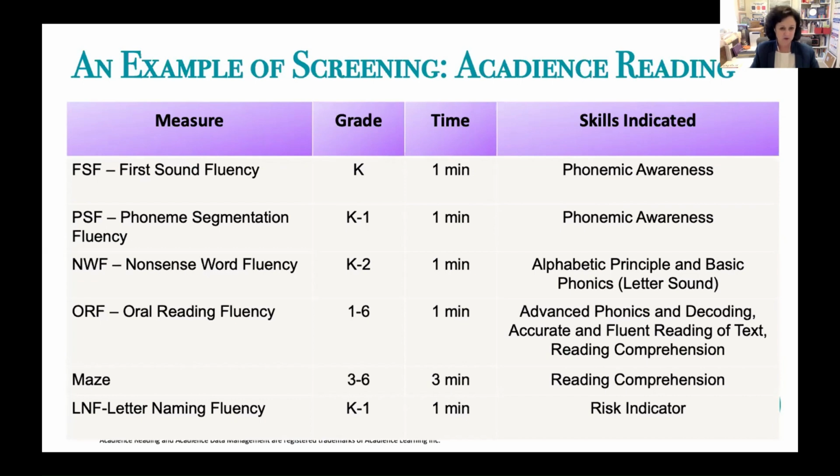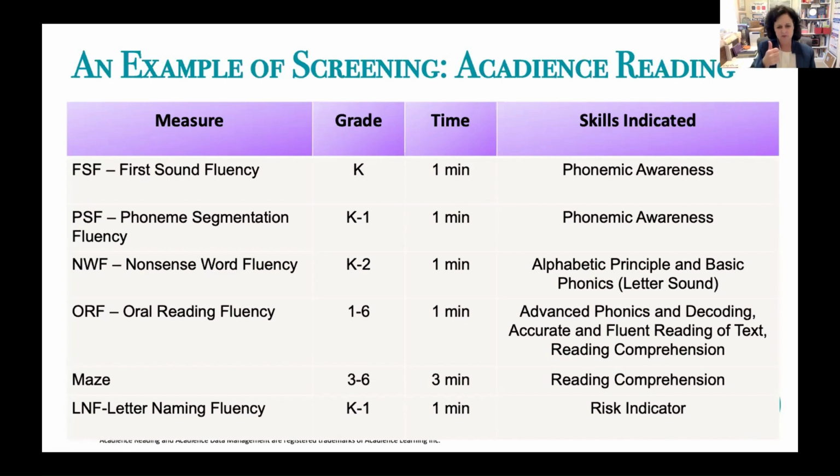So as an example of a universal screening tool, I'm going to use Acadience Reading. You can see the names of the measures, though this detail is not important, but you can see that they are indicators of those 5 essential skills that we've been talking about. You can see the grades when they're used and the amount of time that it takes to give each one of those assessments.